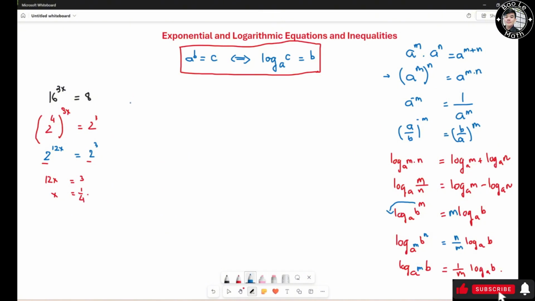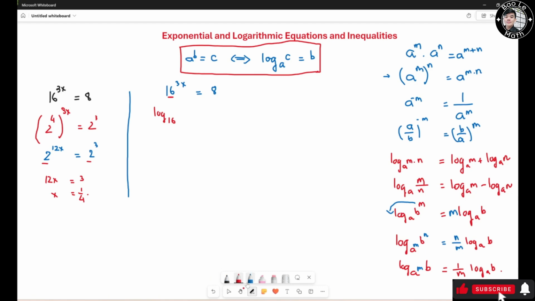Now the second way to solve this one is to take the log of both sides. So I have 16 raised to the 3s equals 8. I see this one is 16, and I need to bring 3s to the front, so I need to take log base 16 of both sides.